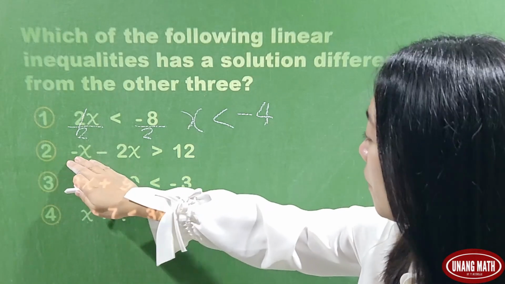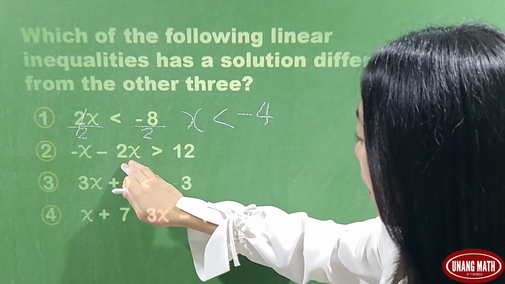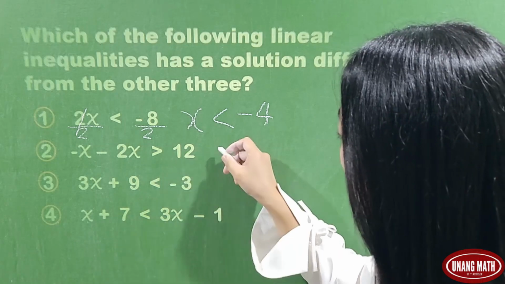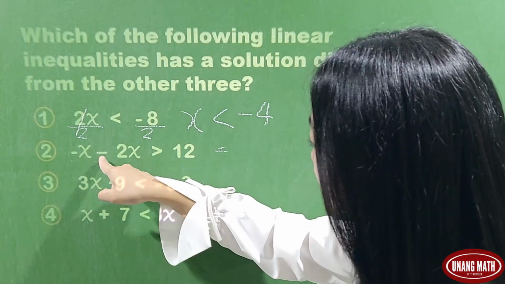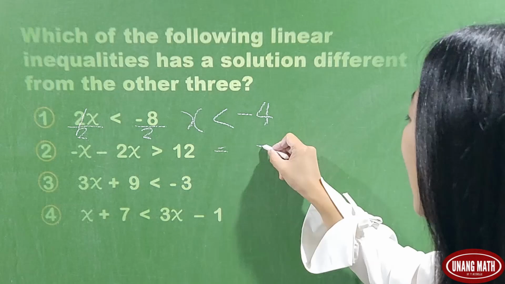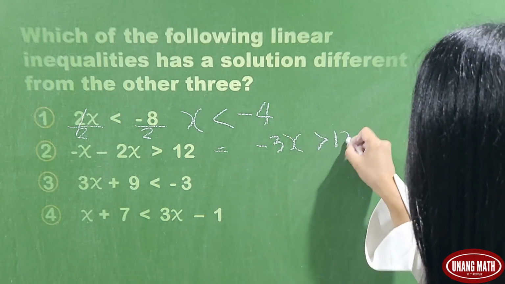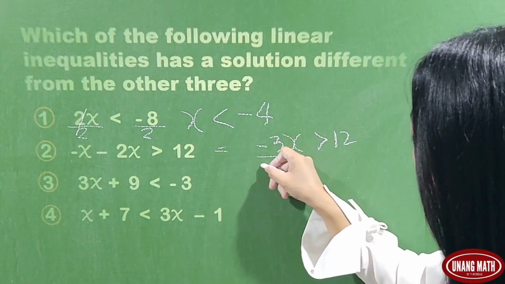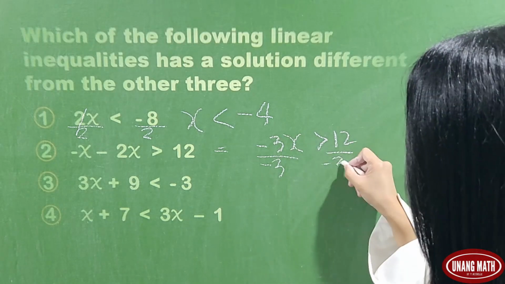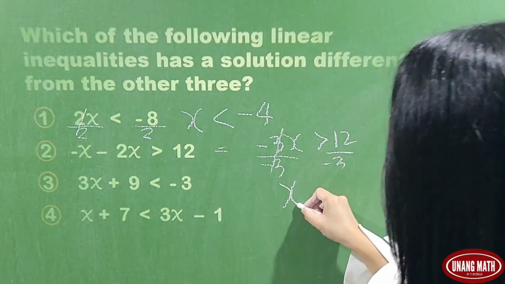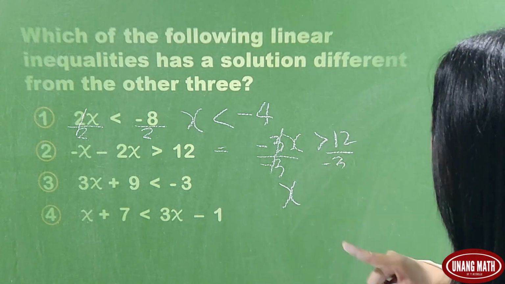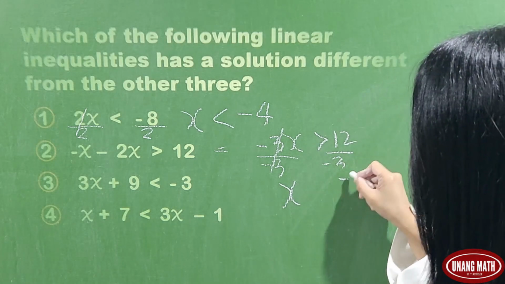What about number 2? Negative x minus 2x is greater than 12. Negative x minus 2x is negative 3x. So negative 3x is greater than 12. To find x, divide both sides by negative 3. So x now is 12 divided by negative 3, which is negative 4.